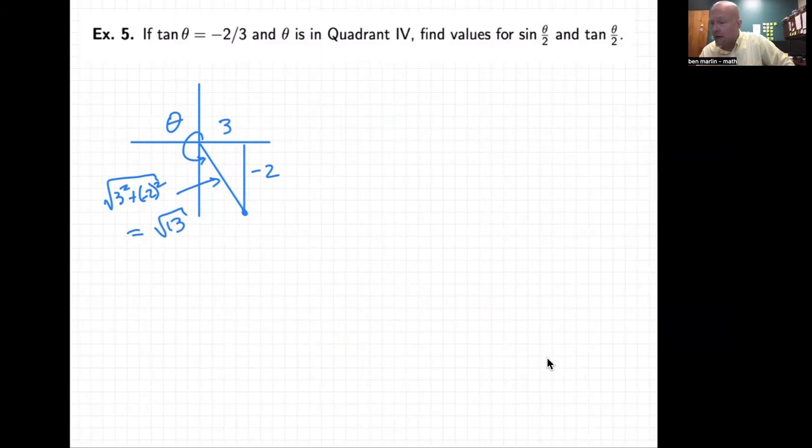So now I'm able to say from this tan theta equals negative 2/3 that my cosine theta and my sine theta both have the square root of 13 in their denominators.